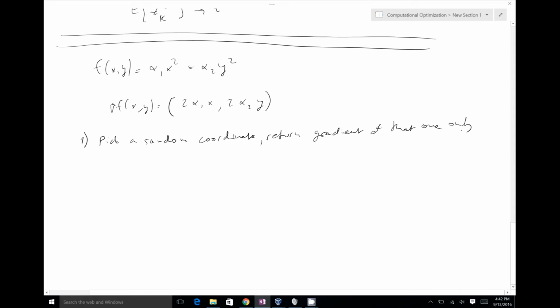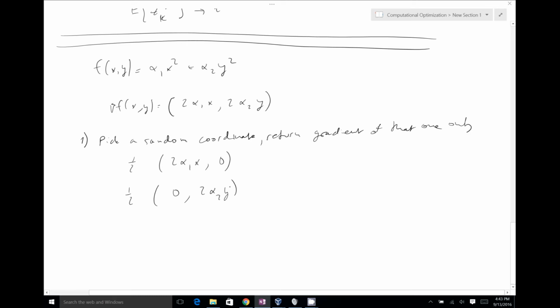So half the time, it's going to return something that looks like 2 alpha 1 x, and half the time, it's going to return something that looks like 2 alpha 2 y.